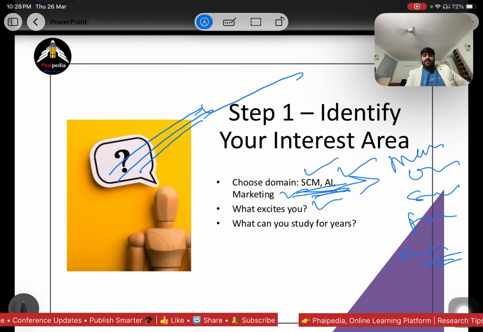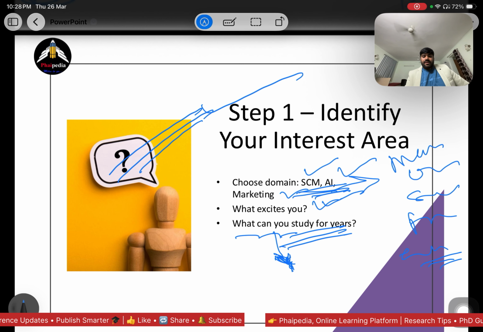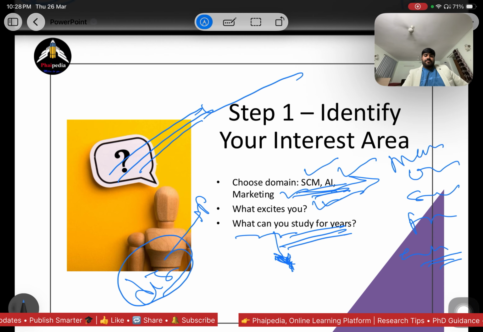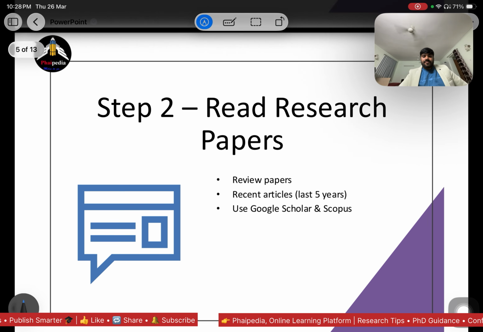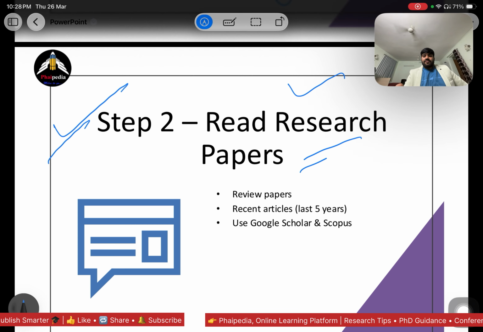What excites you, and what can you study for years so that you will not get bored by that topic, so you can choose that particular area. It is basically talking about your discipline of PhD. Like mine is operations and quantitative techniques. Second, step 2 is read research papers.